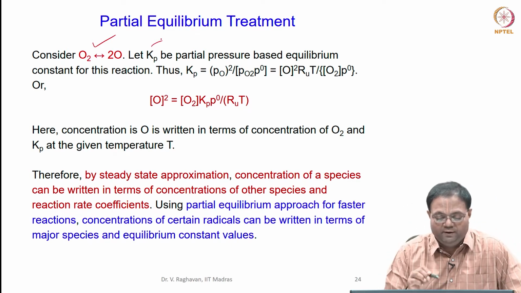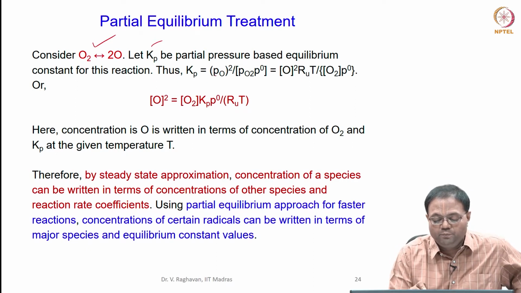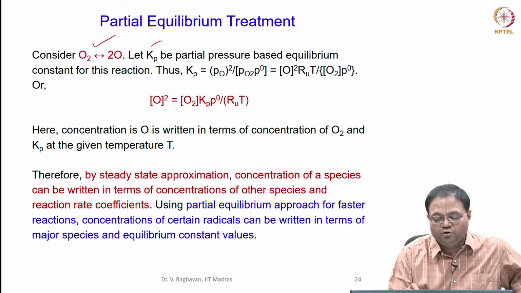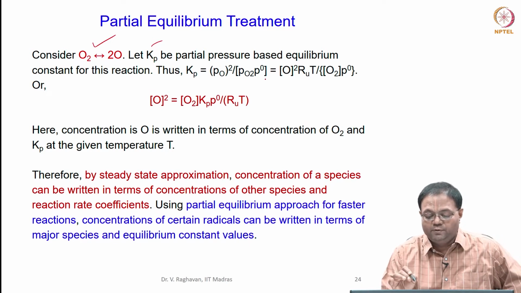That is Kp. So what is that? Kp will be equal to the partial pressure of O to the power of 2, the stoichiometric coefficient, divided by P naught squared, divided by the reactant's partial pressure of O2 by P naught. When you write that, you get the partial pressure of O squared divided by the partial pressure of O2 into P naught, that is, the atmospheric pressure, the standard pressure.